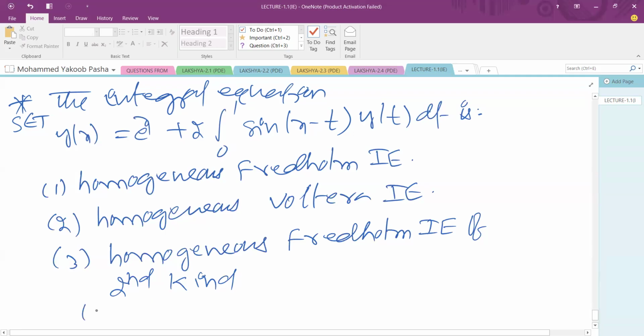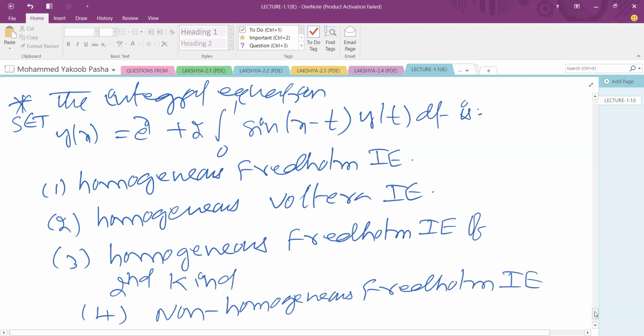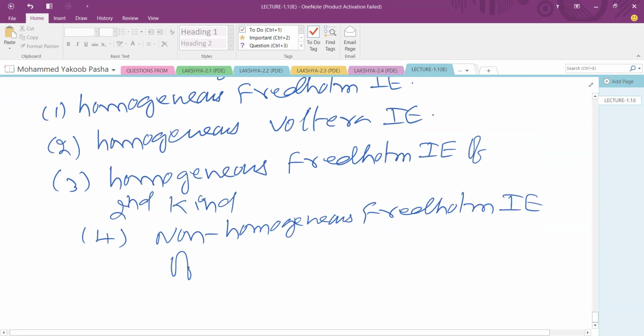And the fourth option is non-homogeneous Fredholm integral equation of second kind.